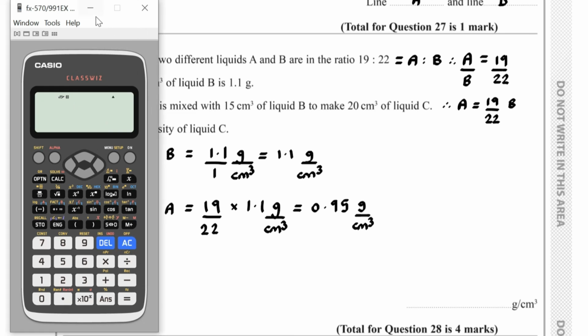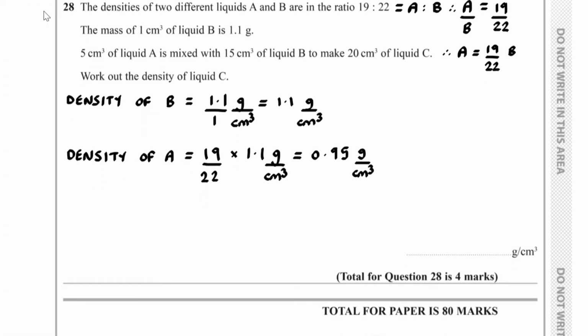So now that I know that, what I need to do is find out the mass of A and then the mass of B, from which I can find the mass of C. So if I know the volume of A, and I know its density, I can find out the mass.